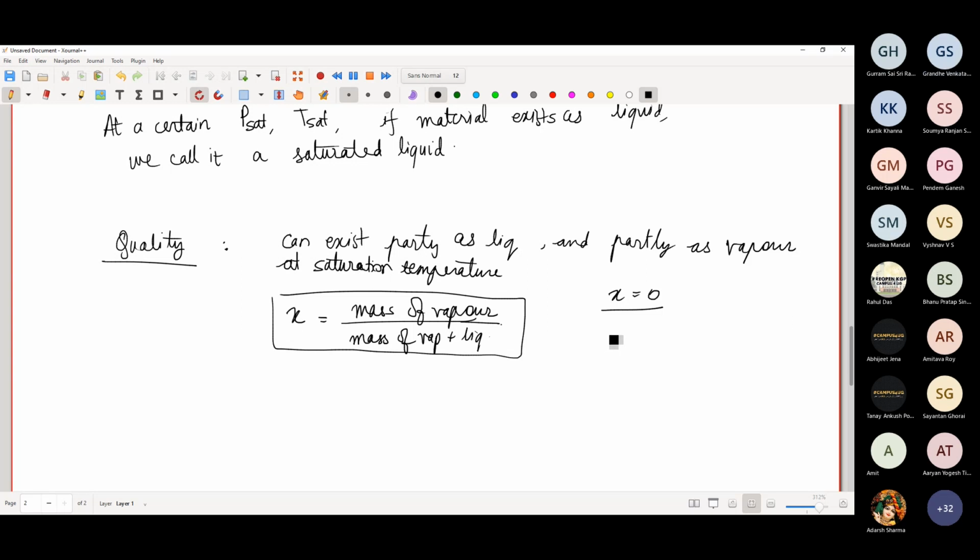Only liquid, saturated liquid. And when X equals 1, you have saturated vapor. And anything in between, you can have X between 0 and 1.